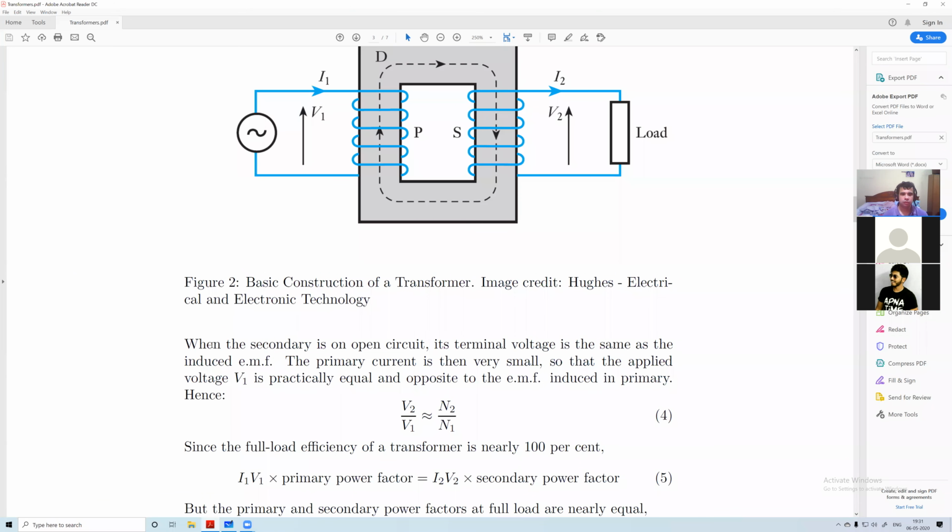Now, if the secondary is an open circuit, what does it mean? That there is no load. The secondary circuit is open. So I2 would be 0. If there is no load on the secondary and the secondary is kept open, then I2 would be 0. And what about I1?